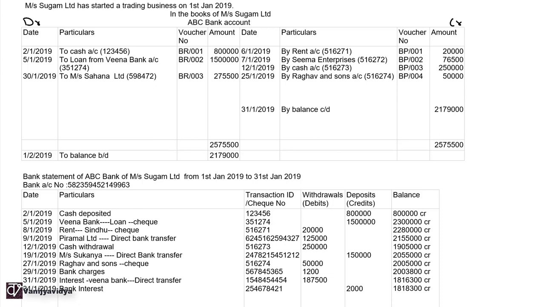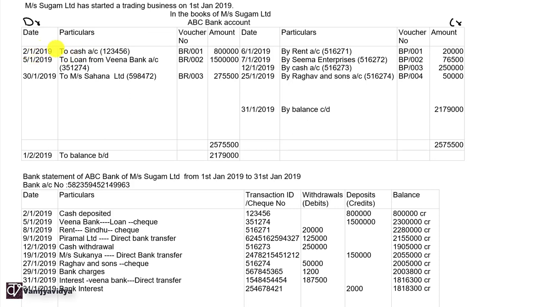So we will be finding out those transactions which are there in the bank account but not there in the bank statement, or which are there in the bank statement but they are not there in the bank account. So let's see all the transactions on the debit side of bank account first. So these transactions will appear on the credit side of your bank statement.